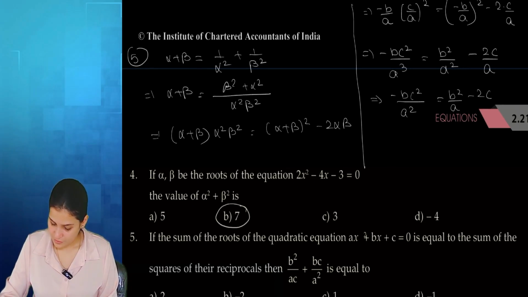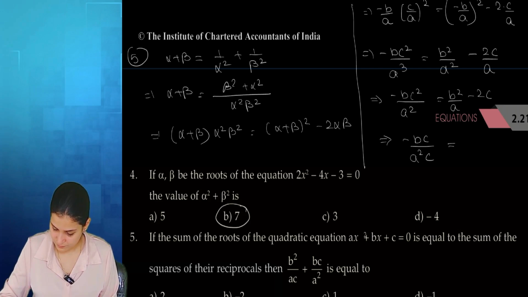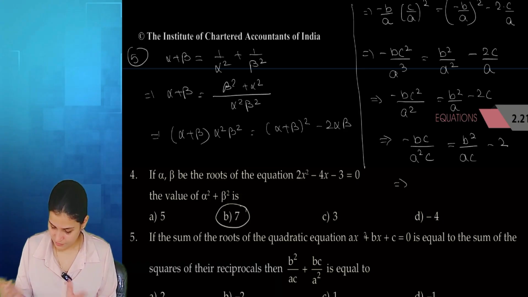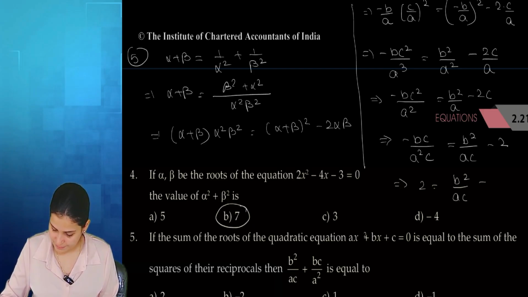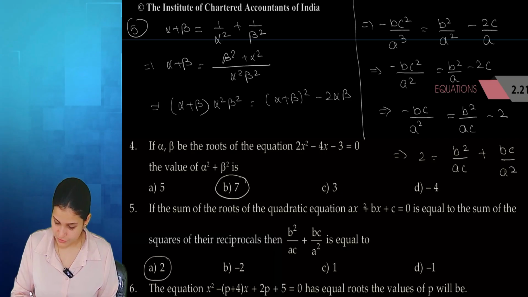So from here, if I divide every term by c, and just swap, we get 2 equal b square upon ac plus b square by a square. So from here, the answer is going to be 2.